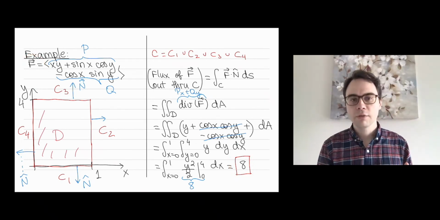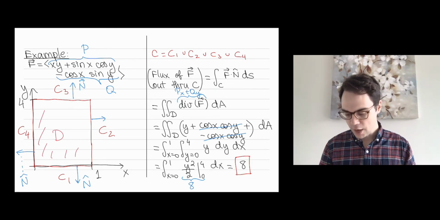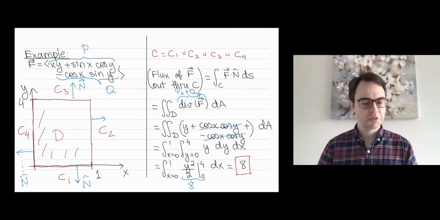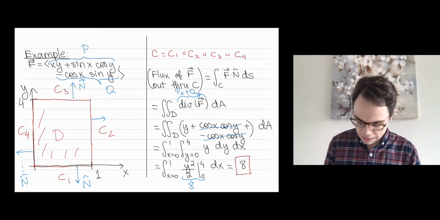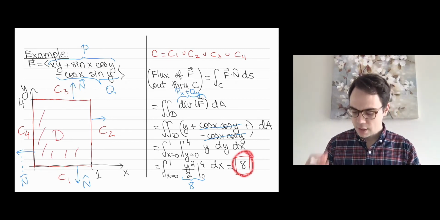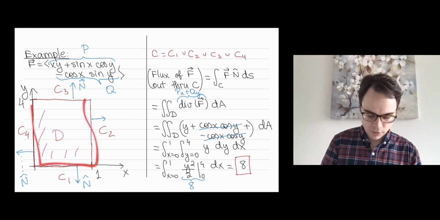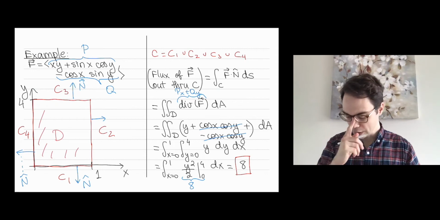Right, so if f was the velocity field of some fluid, this would mean that, let's say we're measuring lengths in meters and time in seconds, 8 meters squared of fluid are leaving this rectangle in one unit of time, in 1 second.